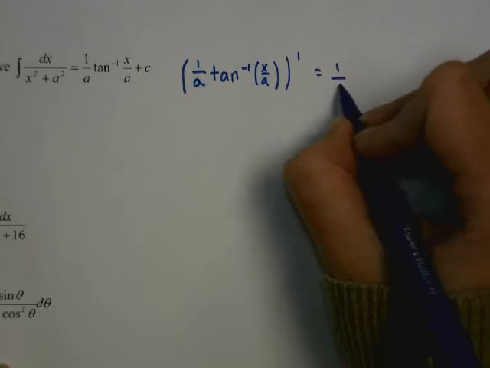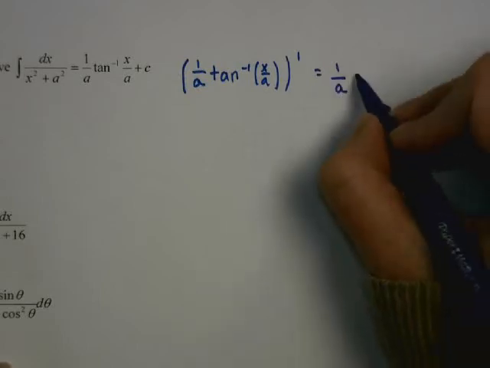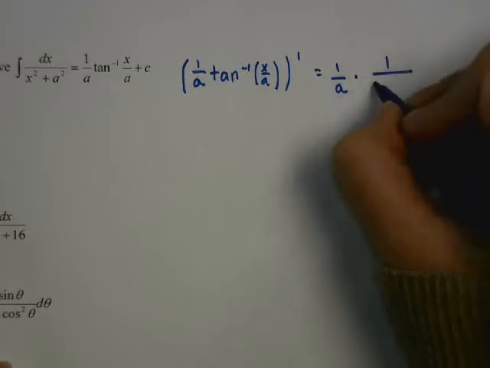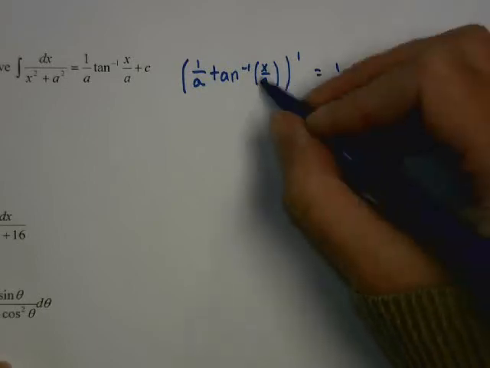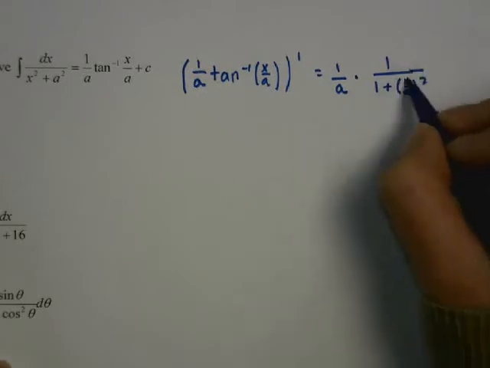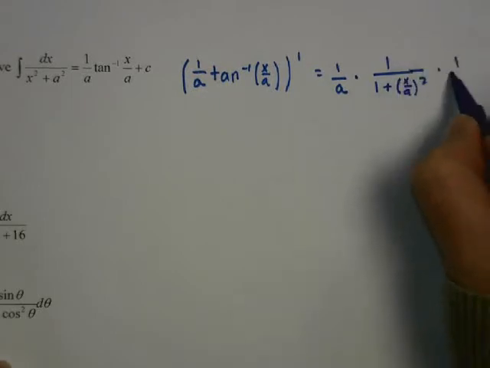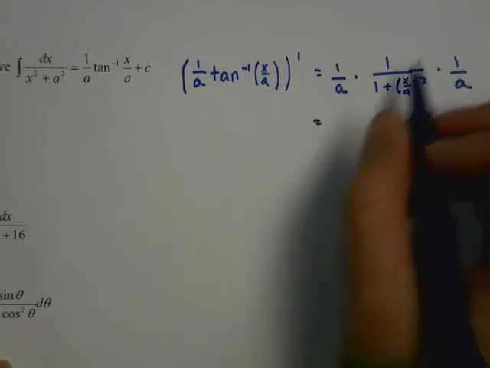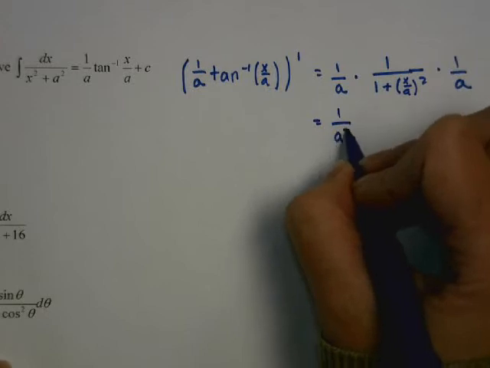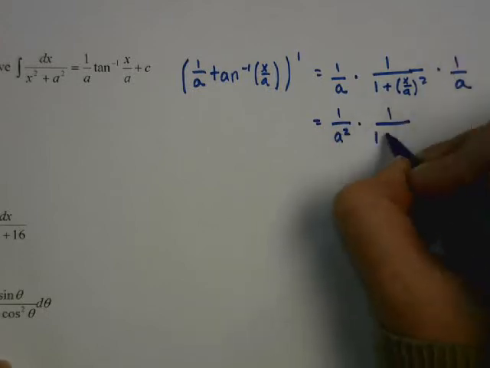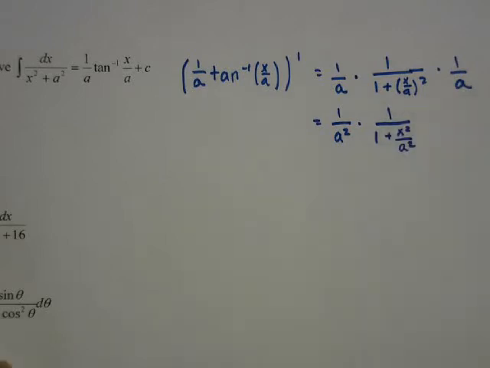Well, that's going to be 1 over a times 1 over 1 plus, instead of x squared, x over a squared, times the derivative of that, which is 1 over a. So we have 1 over a times 1 over a will be 1 over a squared, times 1 over 1 plus x squared over a squared.